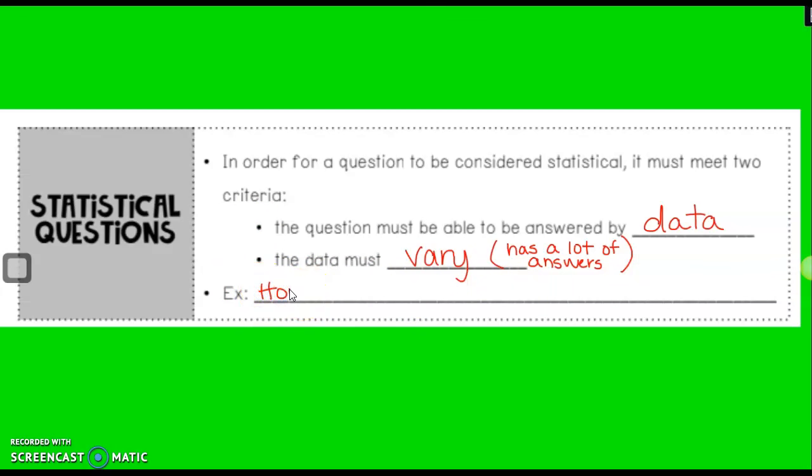Like, how many pets have my classmates owned? This is going to produce a lot of answers. Some people are going to say 0. Some people are going to say they've had 50 pets, which is a lot, but hey, whatever.